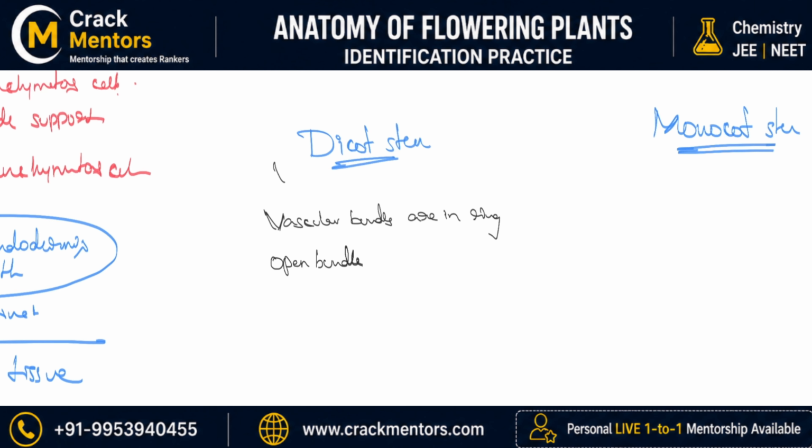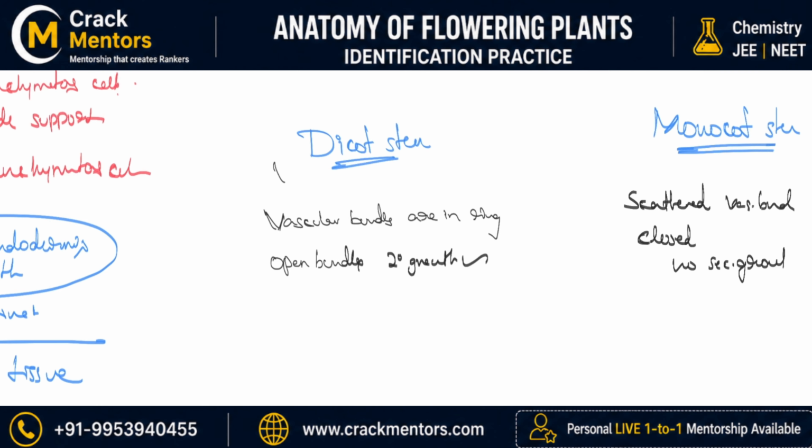They have open bundles, that is cambium is present, so secondary growth is seen in them. Coming to a monocot stem, we have scattered vascular bundles, and these are closed as it's a monocot plant, and they have no secondary growth.